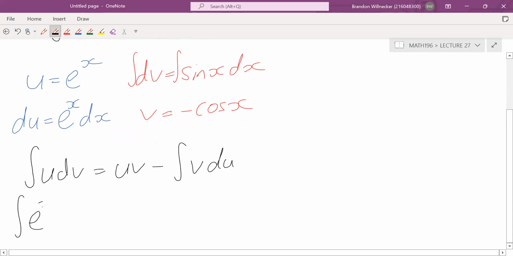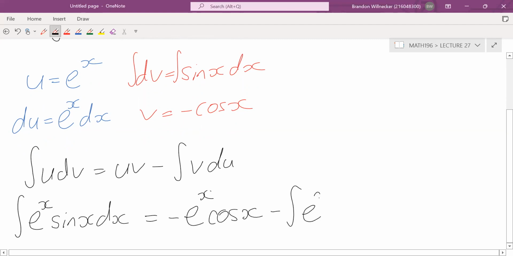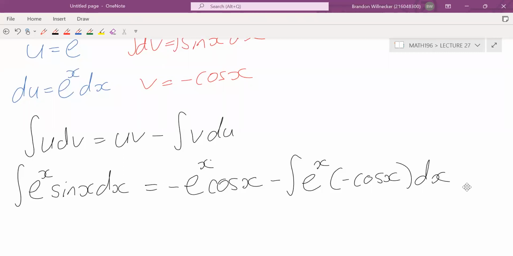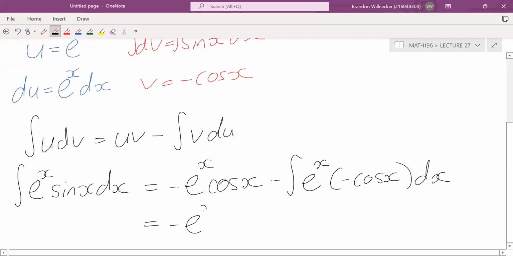So the integral of e to the x sine x dx, which is what we want to find, is equal to minus e to the x cos x minus the integral of e to the x times minus cos x dx. We've got a minus and a minus, so we can turn that into a plus. So we have minus e to the x cos x plus the integral of e to the x cos x dx.